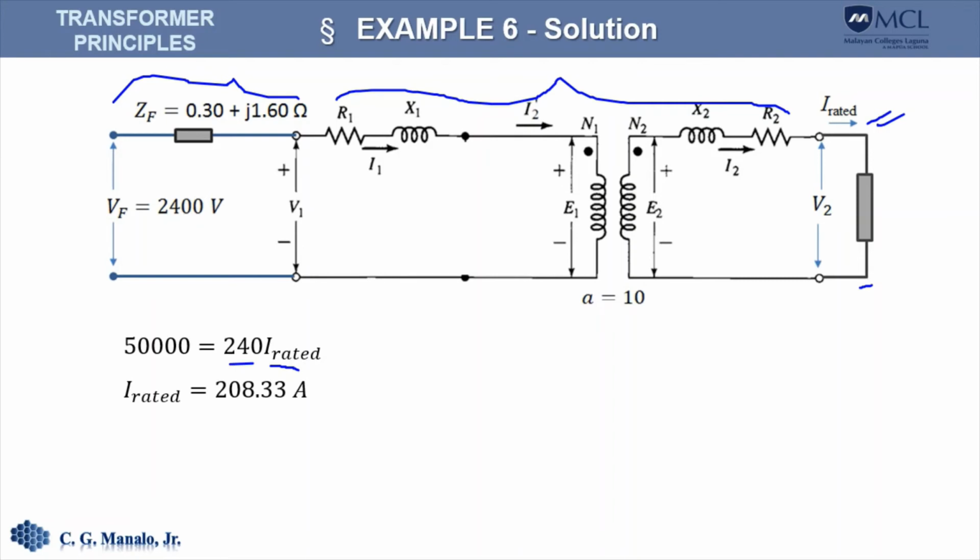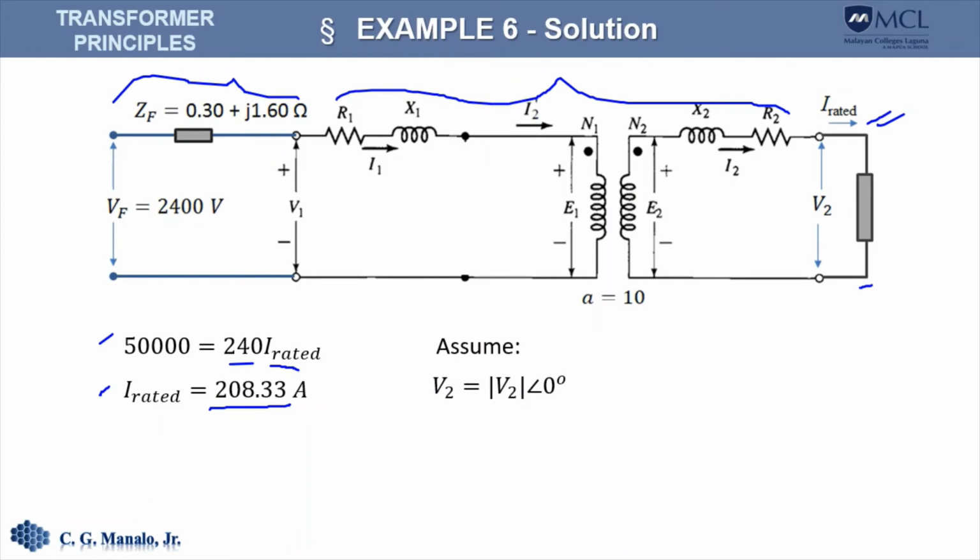So as specified, the transformer rating is 2400 volts at the primary, and the secondary is 240 volts. So from that relationship, we can extract the rated current that is being delivered by the transformer. So this is the rated current.